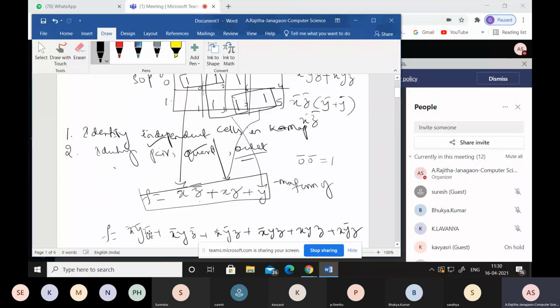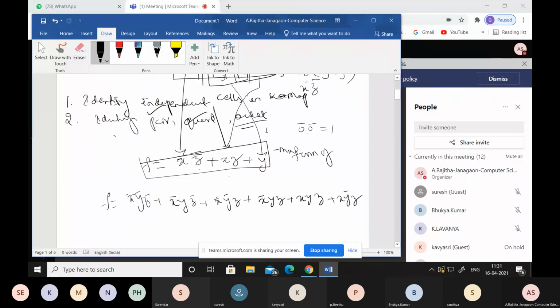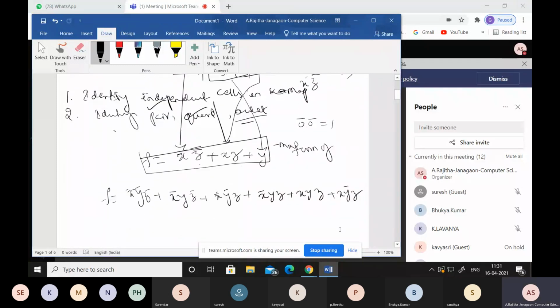So actually this big term, that is first 0 means x complement, y complement, z complement. 2 means x complement, then next y z complement, then next 3 means x complement y z. So here x y z, so here it is x y complement z. So the biggest term is minimized to this one.